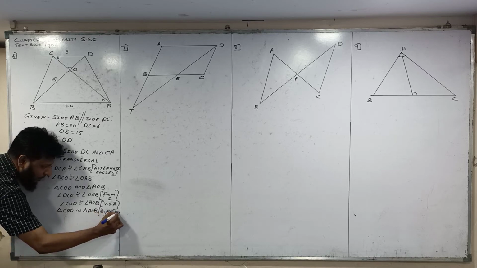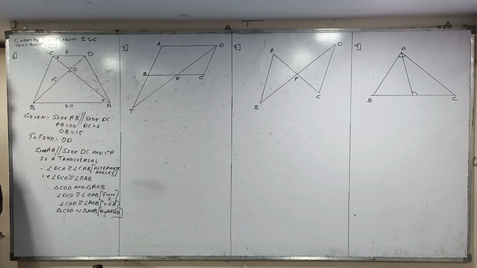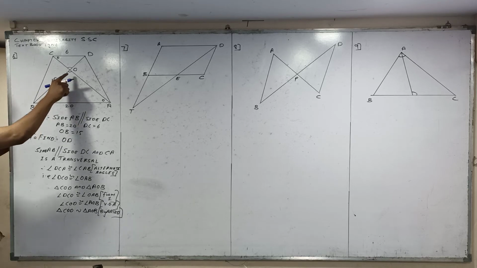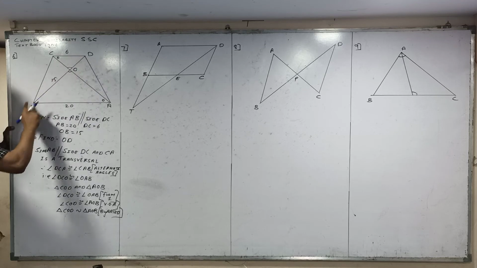Similar to the fifth sum, we have to prove these two triangles COD and AOB are similar. After proving similarity, we write the proportional sides. We have to write only two proportional sides. See the question: you want to find OD, and OB, CD and AB are given.